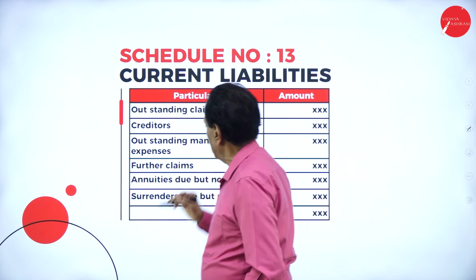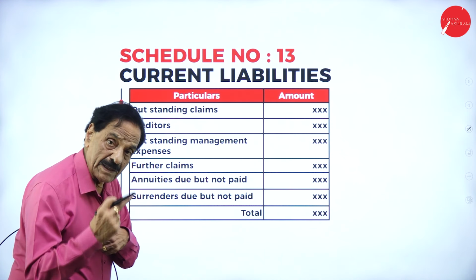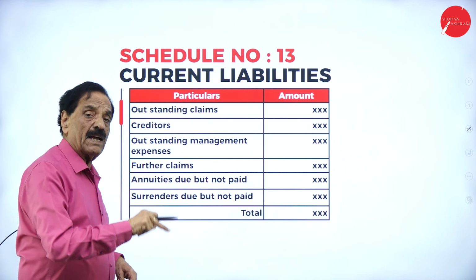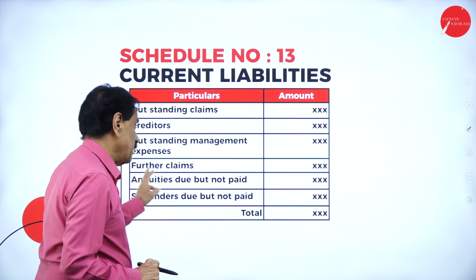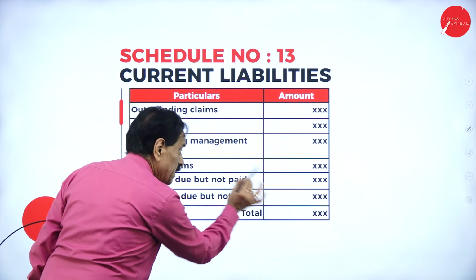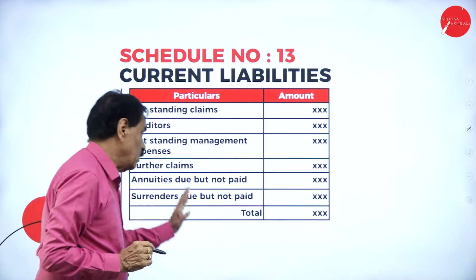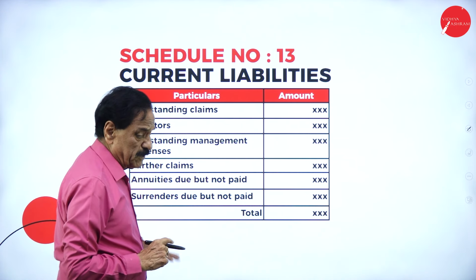Then schedule number 13, current liabilities: outstanding claim from the adjustment or any claim in the trial balance at the end of the year, creditor, outstanding management expenses, further claims, annuities due but not paid, surrender due but not paid. So these are all the items for all the problems that will come.